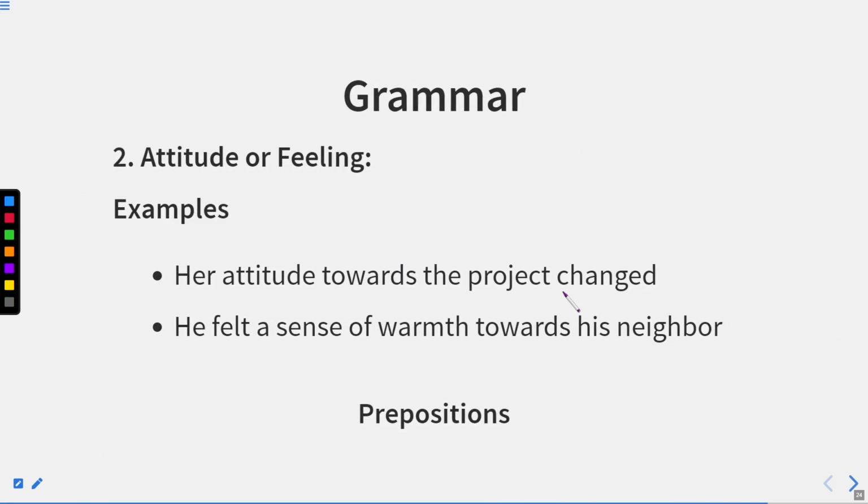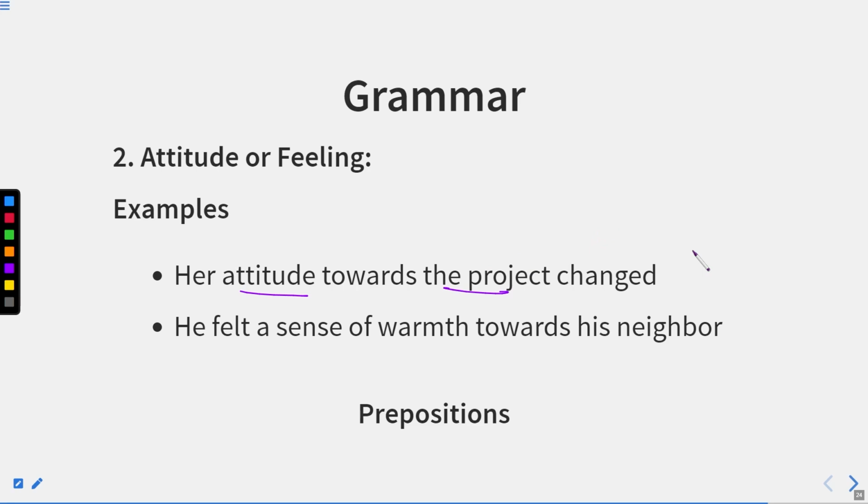For attitude or feeling, we can use towards preposition. Her attitude towards the project changed. It means whatever the responsibility he's having for the project, or his behavior in doing that project has changed now.